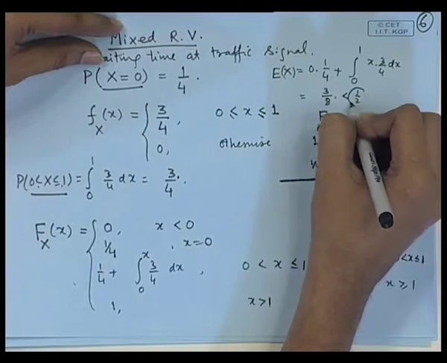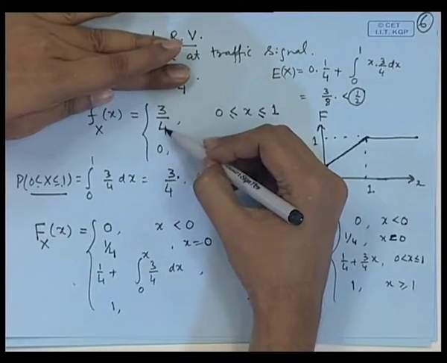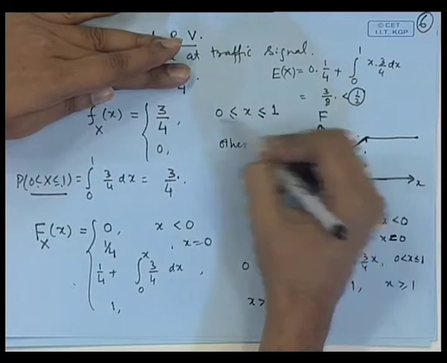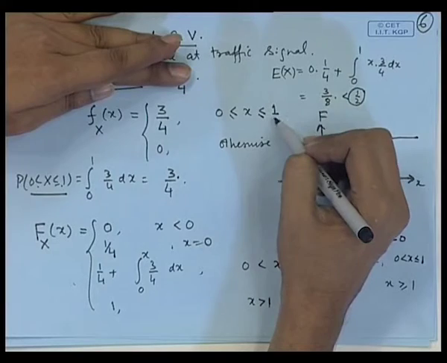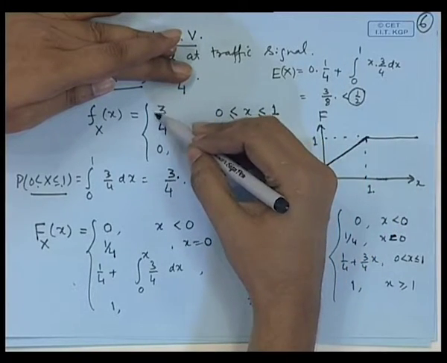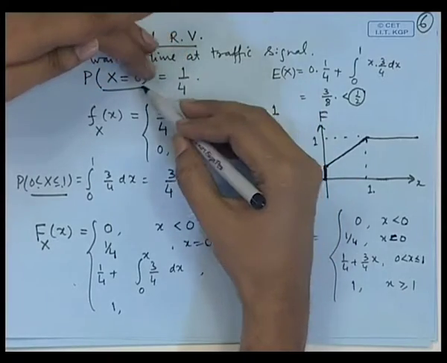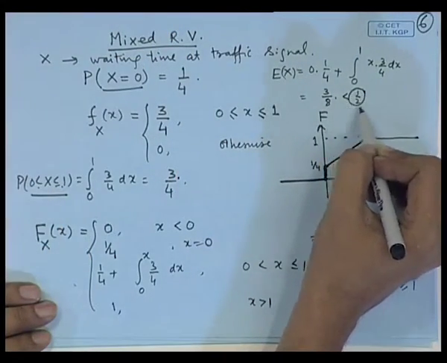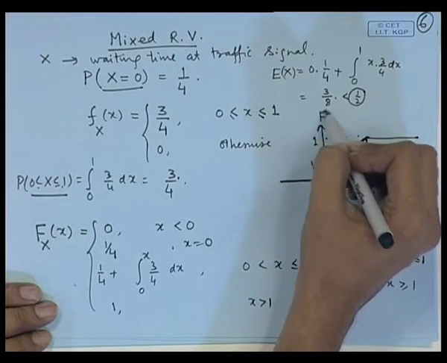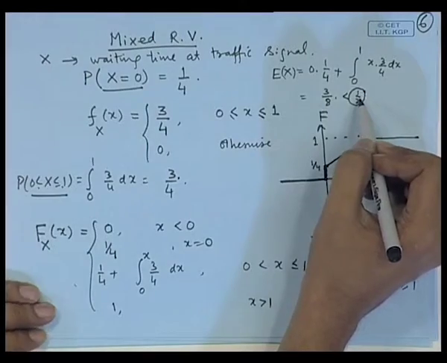This would have been the mean if the random variable was completely defined with density 1 on 0 to 1. However, here the 1 by 4 probability is taken over by the point x equal to 0. Therefore, the average value has reduced and it is now 3 by 8, it is not half.